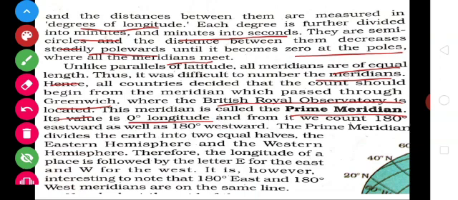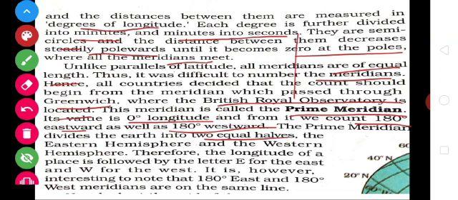From it we count 180 degrees eastwards as well as 180 degrees westwards. The prime meridian divides the earth into equal halves, the eastern hemisphere and the western hemisphere, like this.